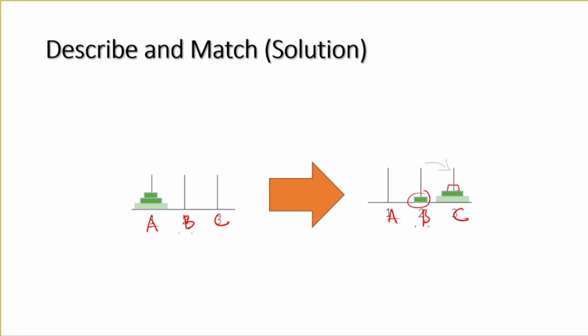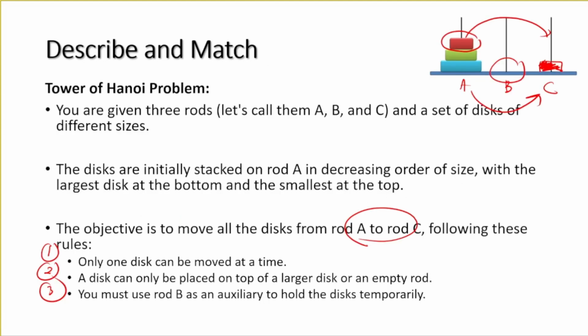How can we make it? There will be several ideas for moving the smallest, the second and the big one: small, medium, and large. It depends on how you put it, based on the requirements given.